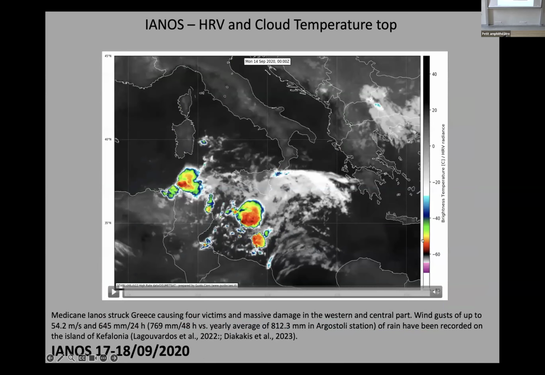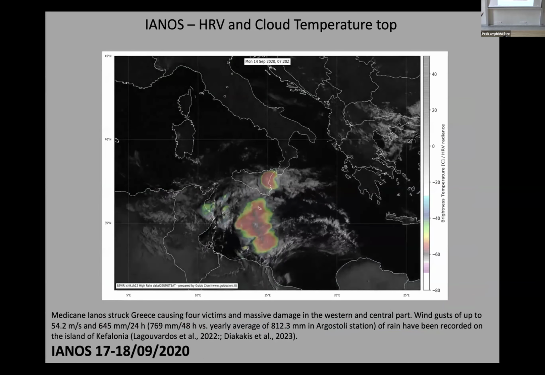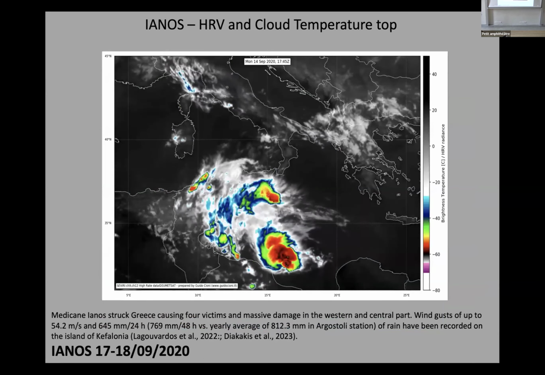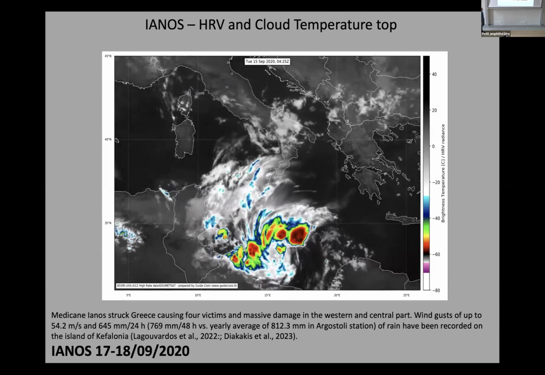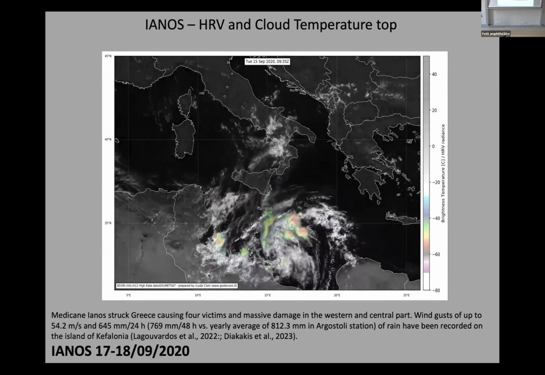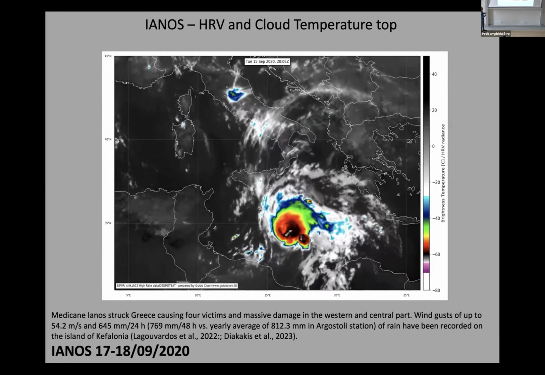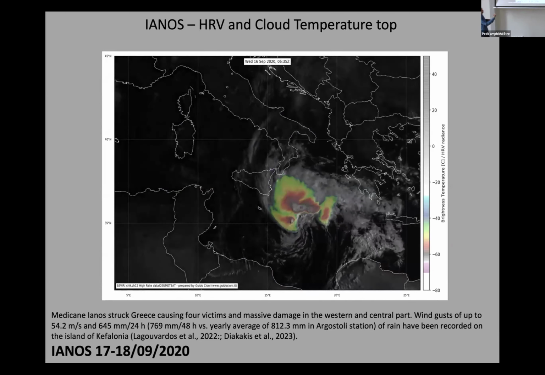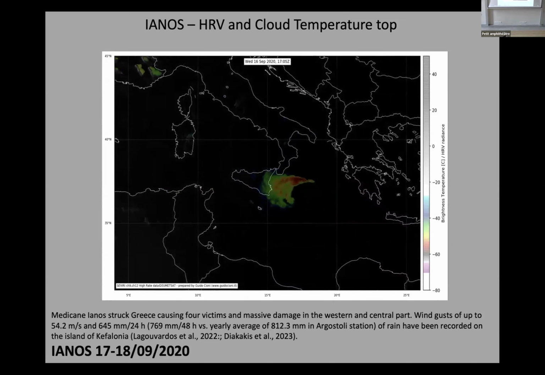And finally, I will show this map about Ianos, which is clearly a sort of reference for studies of Medicanes, because it's probably the most intense up to now. This map, a combination of high resolution visibility and cloud top temperature, shows that initially you have a lot of convection developed in the southern Mediterranean, and then only at a later time you see a clear cyclonic circulation getting around this structure.